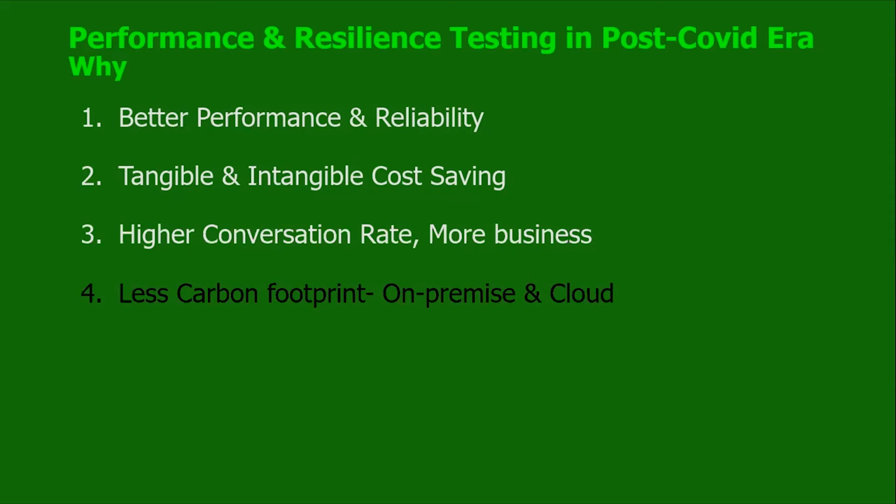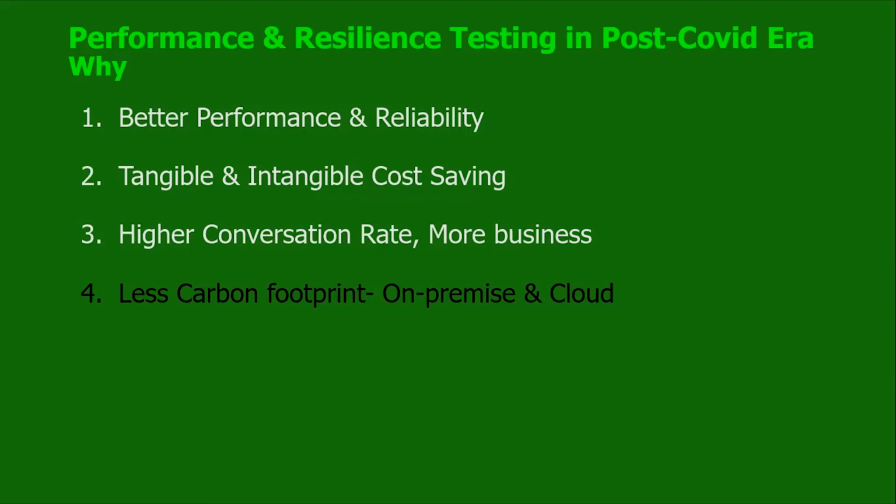Fourthly, I'll talk about the lower carbon footprint, from both the on-premises as well as the cloud perspective. Let me explain it in an easier way. Let's talk about the on-premises part first. On-premises, getting servers and making them operational takes a lot of time, as I said earlier, so there is always a tendency to over-provision, resulting in a higher footprint.